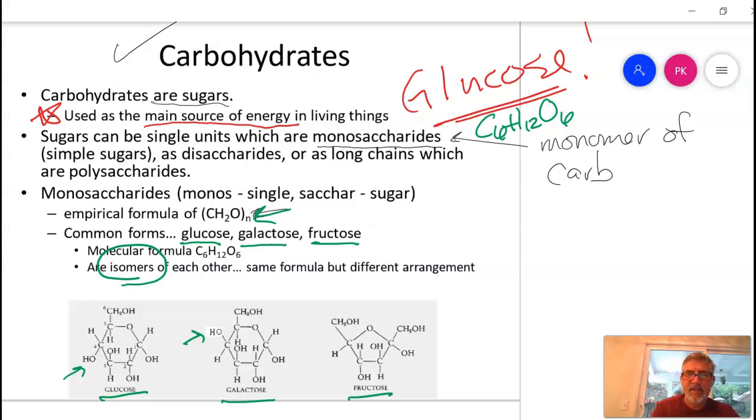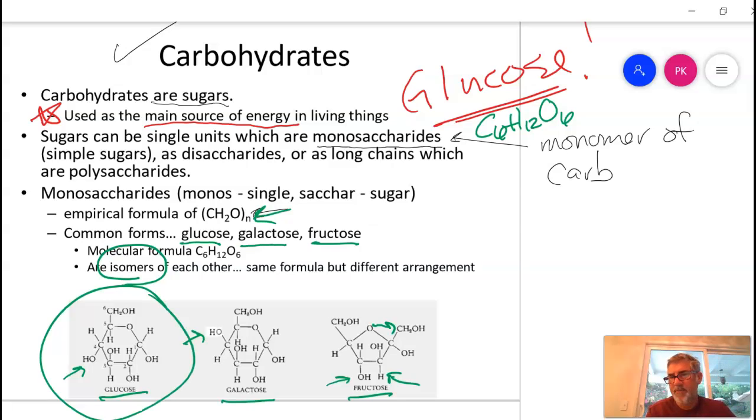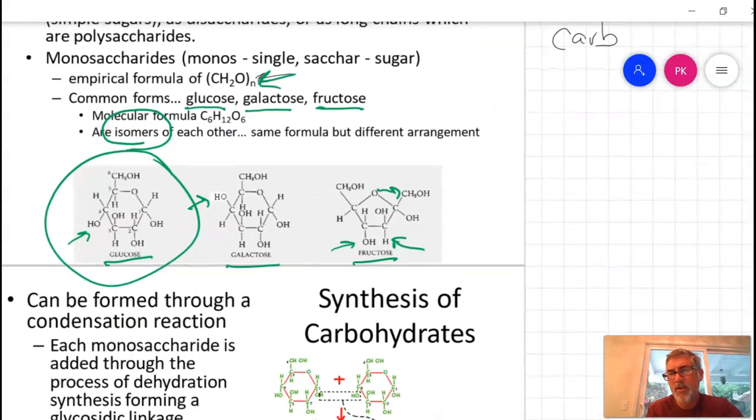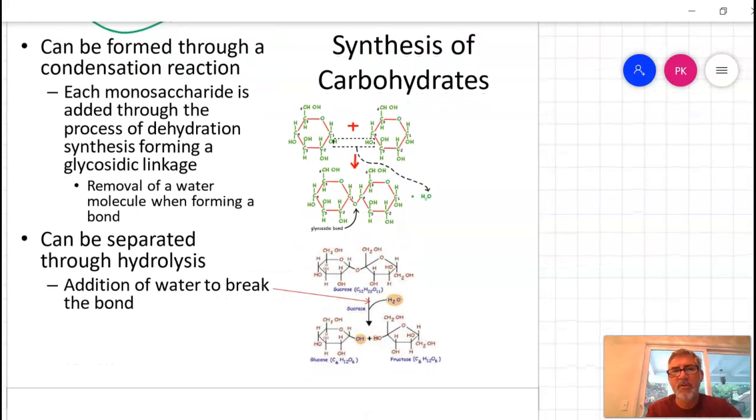We have to detach this oxygen and reattach it over there, and then switch a couple things around, not a whole bunch. We flip these structures right here, and then we can make fructose look like glucose. But it all has to be changed to glucose before I can make energy out of it. So make sure you know that glucose is the main source of energy for making what's called ATP, which we're going to use as energy and will talk about later.